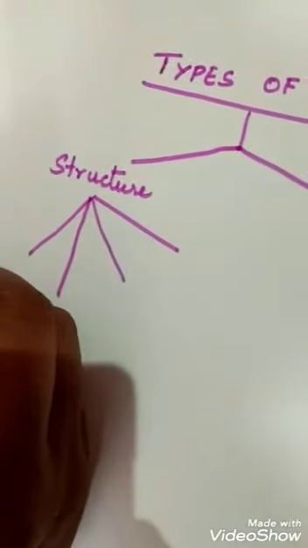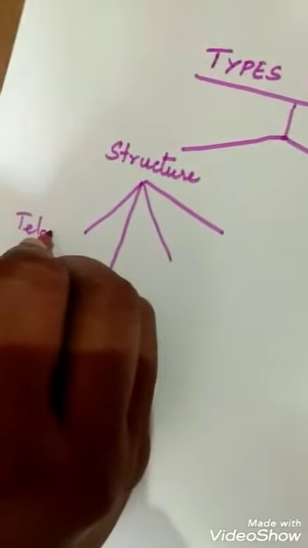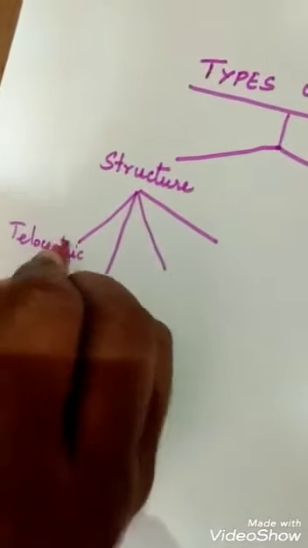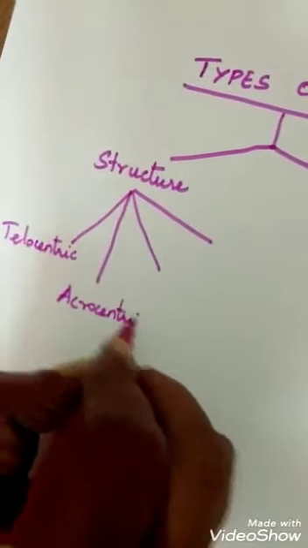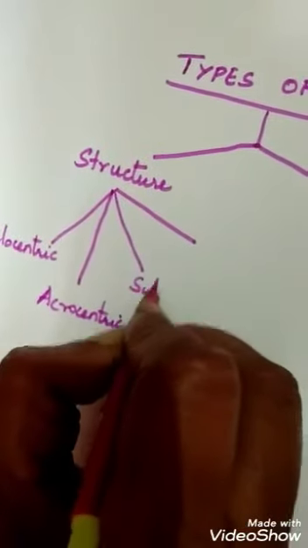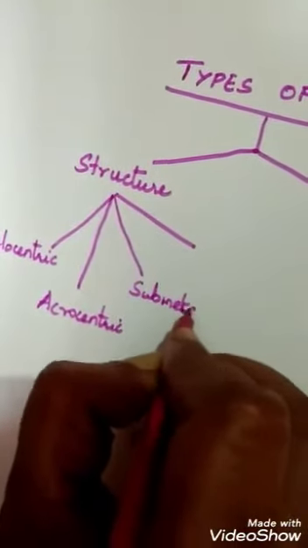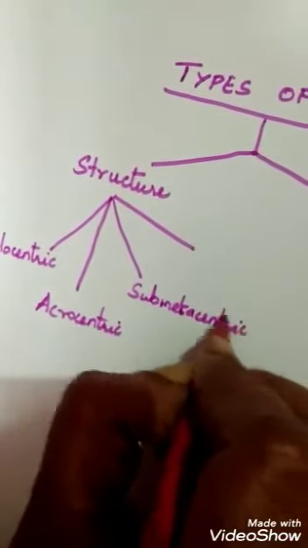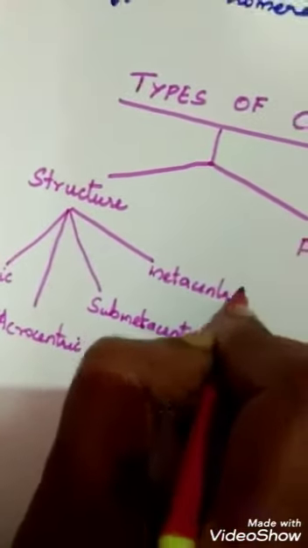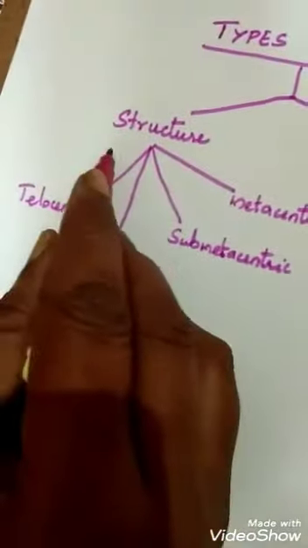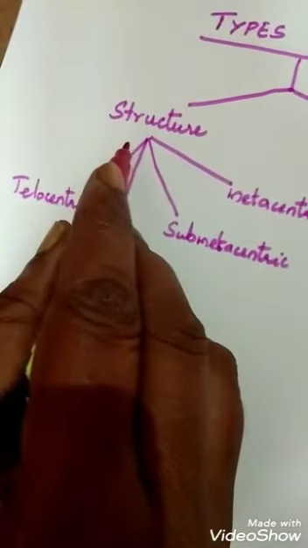They are telocentric, acrocentric, submetacentric and metacentric. This is nothing but the position of the centromere that separates the chromosome into different types.